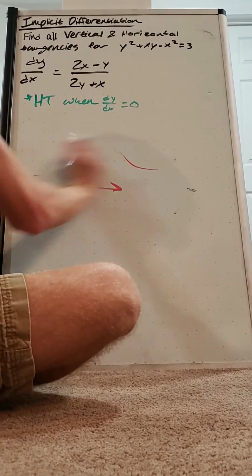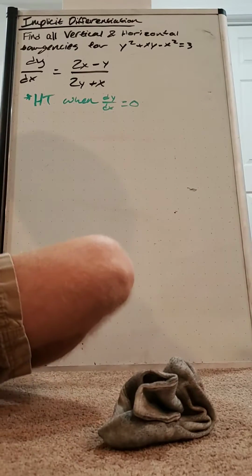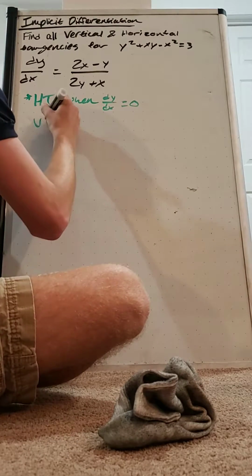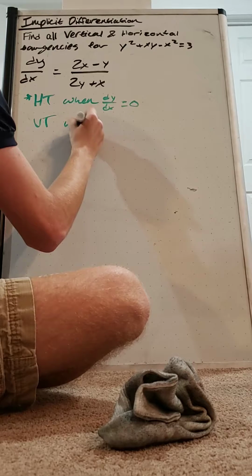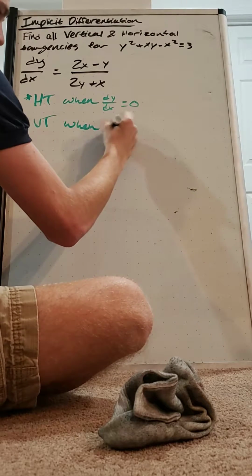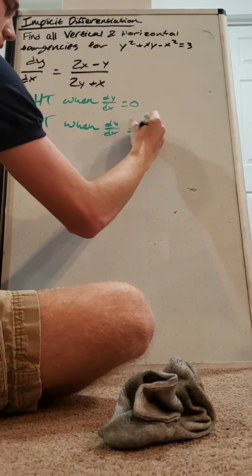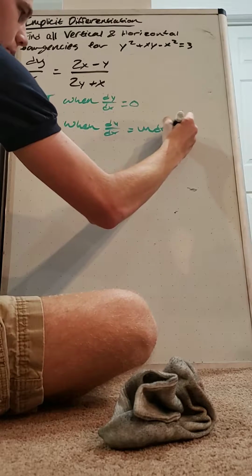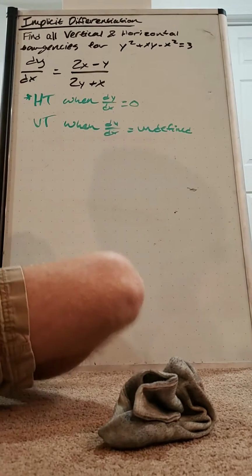And the same thing for vertical tangencies. It's going to be vertically tangent when dy over dx is undefined, right?